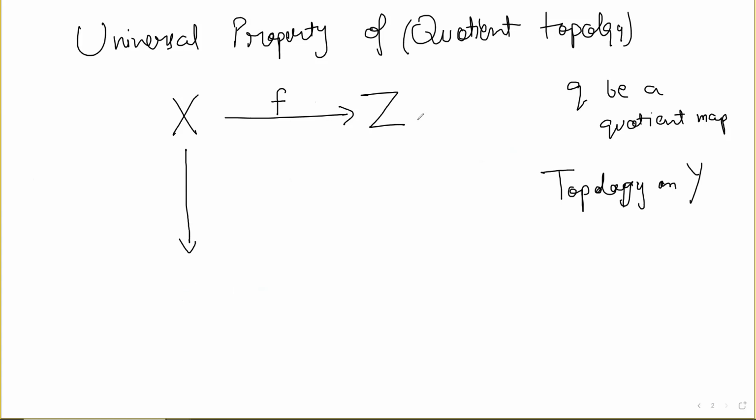So one map will be the quotient map, but the other one has to be an arbitrary continuous map. Or maybe we can stick with the notation you are using. And then what does the universal property say?